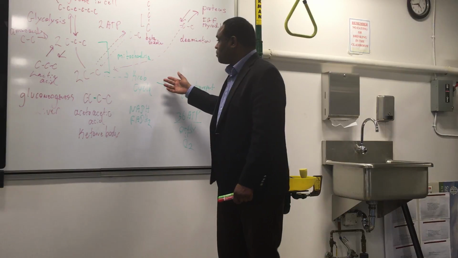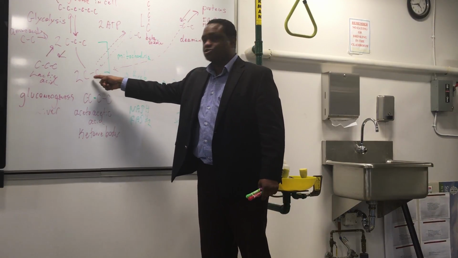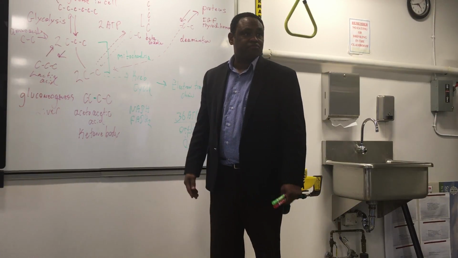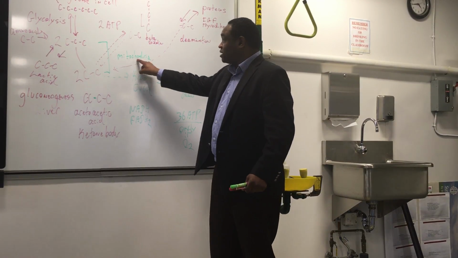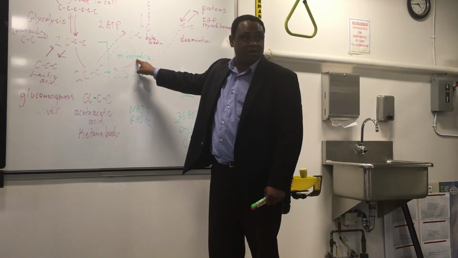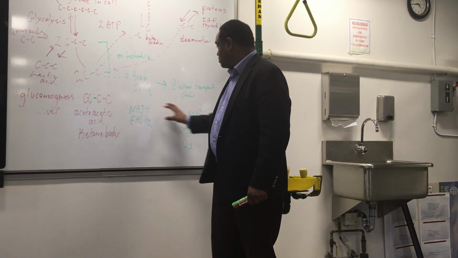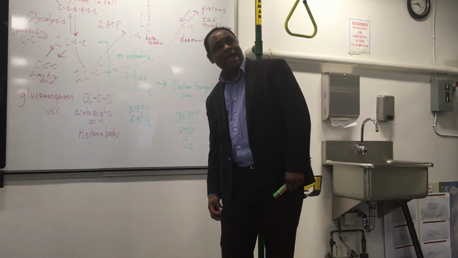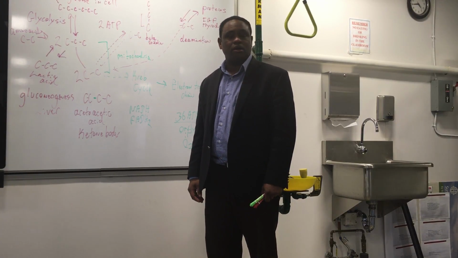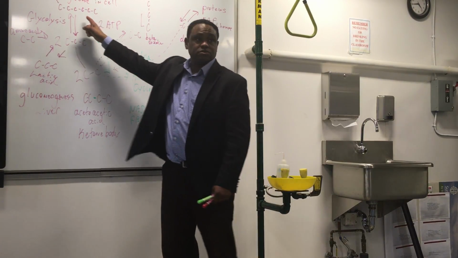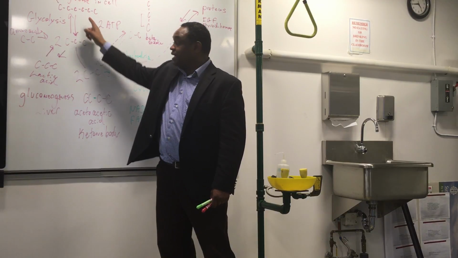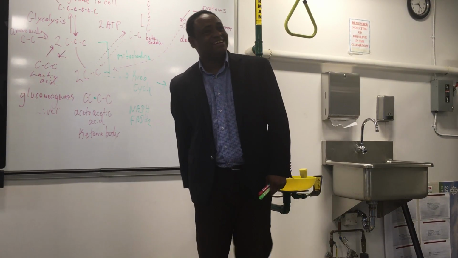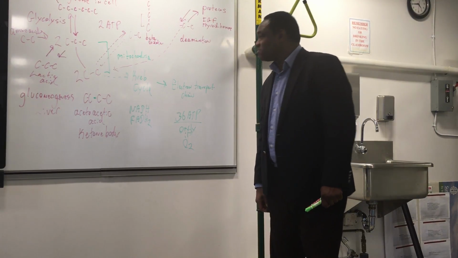So even if you put this 2-carbon guy in here, they're not going to be able to use it. If you don't have a mitochondria, which red blood cells don't, they can't do the Krebs cycle and electron transport. So they highly rely upon glucose. Thank goodness for gluconeogenesis, right?